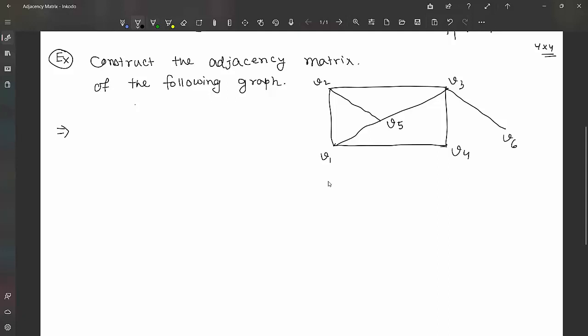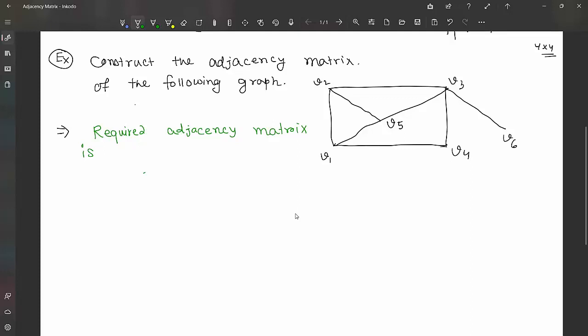So the required adjacency matrix is what?